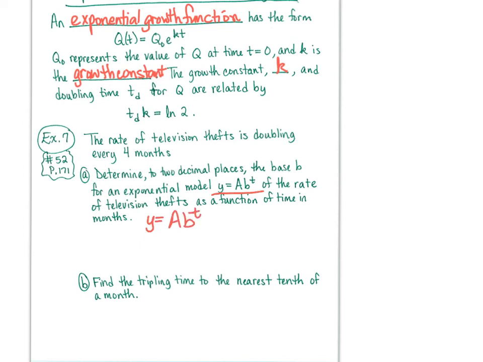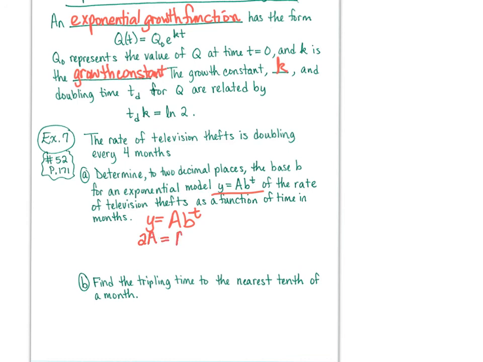We know that the rate of television thefts is doubling every 4 months. So we know that y is 2a, right? Because it's doubling.